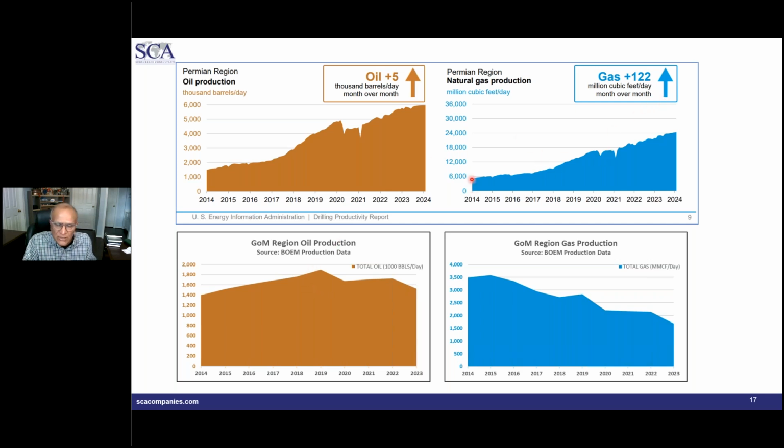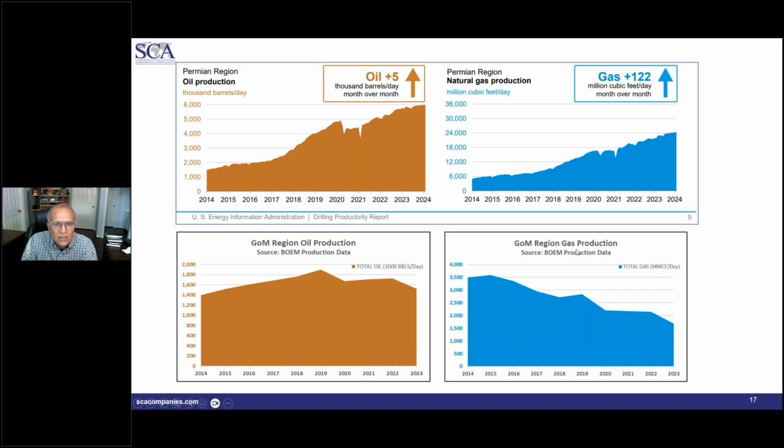Gas is a different story. Gas has gone from 6 billion SCF up to 24 billion, whereas in Gulf of Mexico, gas production has declined from 3.5 billion to about 2 billion. So this is a big macro comparison between Permian and Gulf of Mexico.